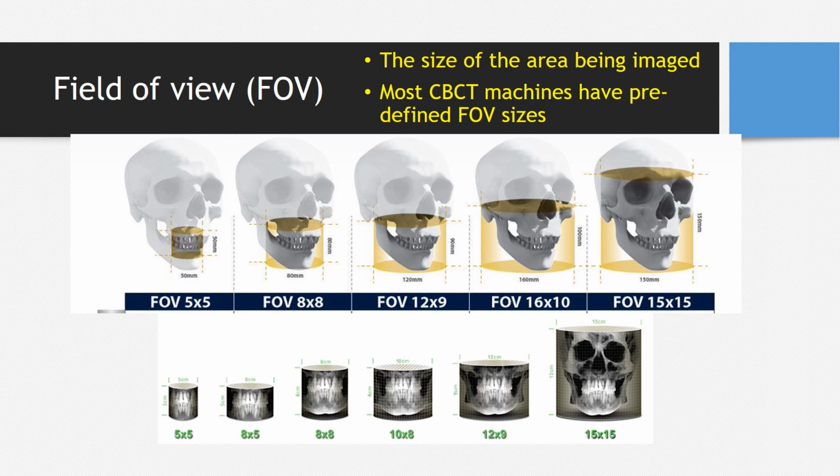So you have an 8 by 8 available, 12 by 9, which gives you one TMJ to the other TMJ view. You have a 16 by 10, which gives you a larger view, including the maxillary sinuses and up to the orbits, or a complete 15 by 15 view, which is of application in ENT. So in a regular dental setting, machines which allow you up to 12 by 9 view are commonly used.